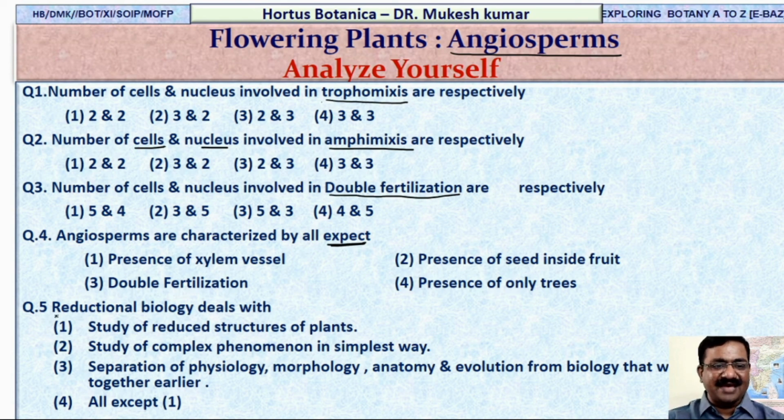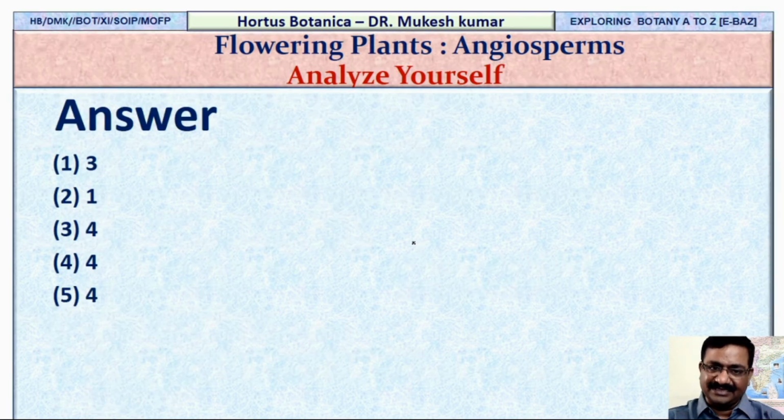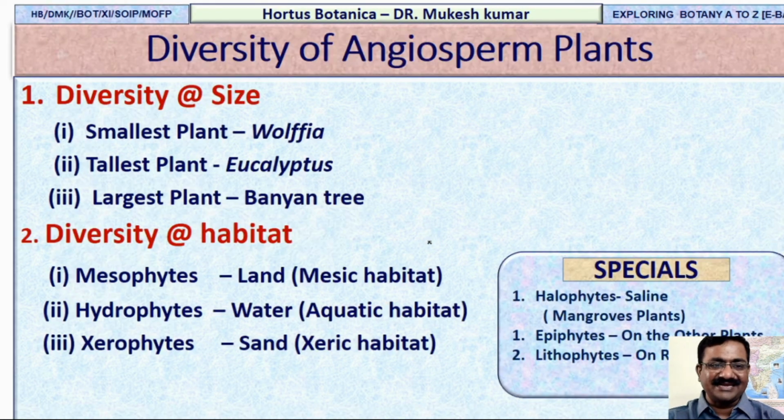The 5th question is: reproductive biology deals with. This is very important, and from your NCERT, the question might be part of your forthcoming NEET, because everything is concerned with your NCERT. So do it all and you will get the answer, but I will not give you details, right?